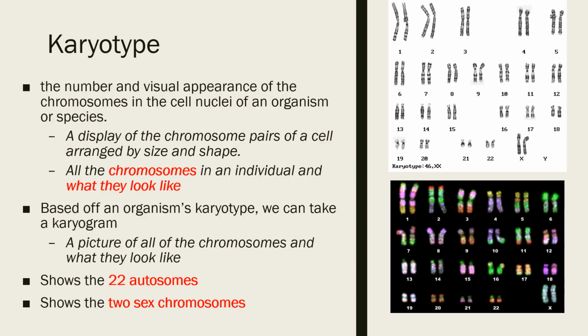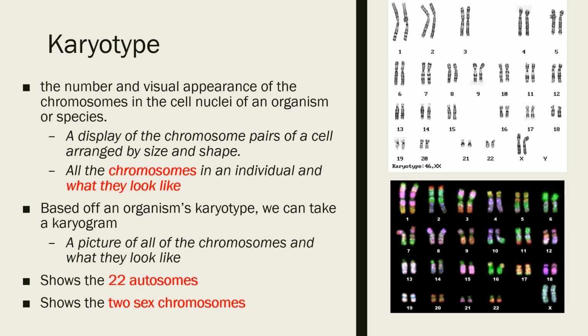So let's first focus on karyotypes, and I'm really excited about these. They're really, really cool to look at. They're very interesting, and hopefully you will find them as cool as I do. A karyotype is the number and visual appearance of chromosomes in an individual organism. It's basically just all of the chromosomes and what they look like.